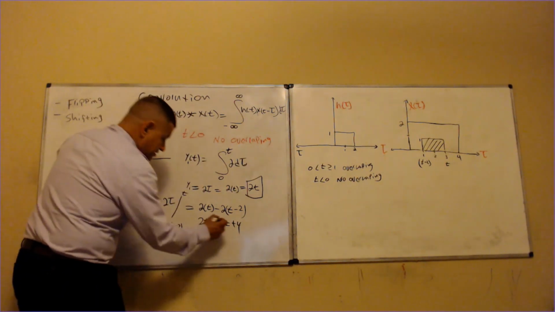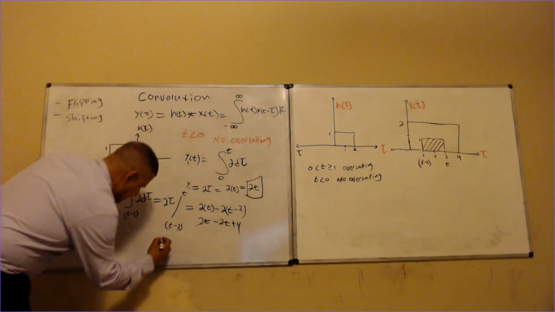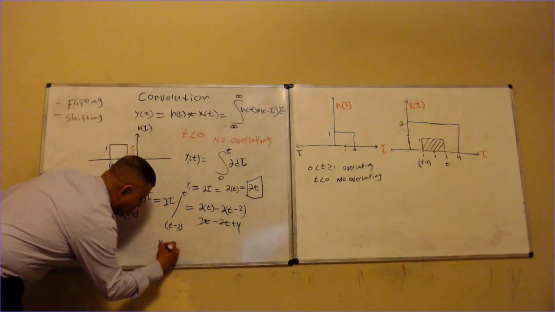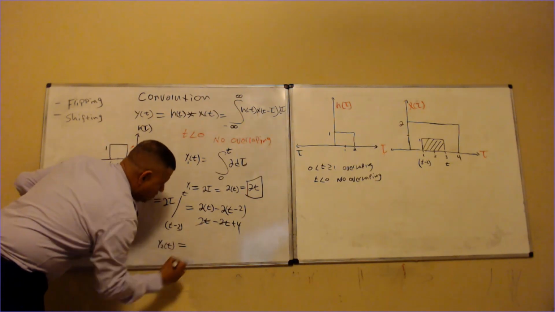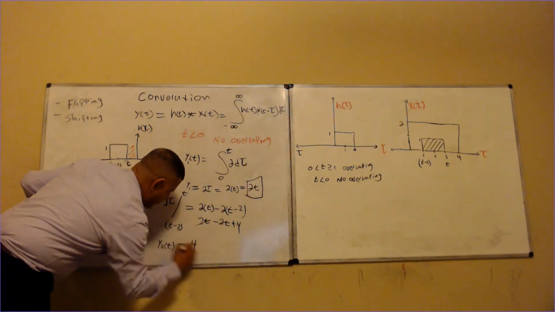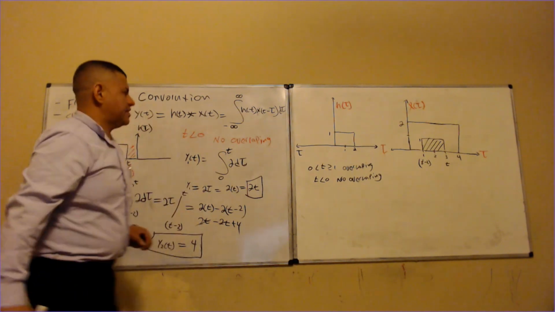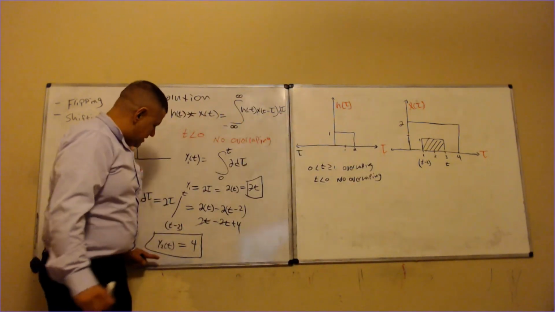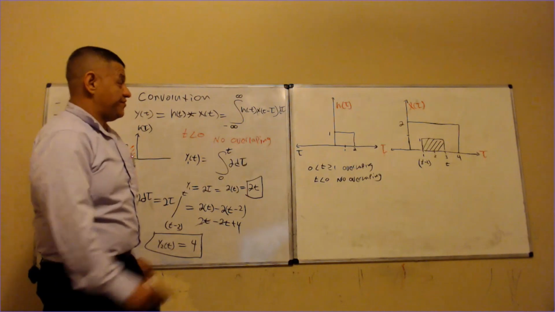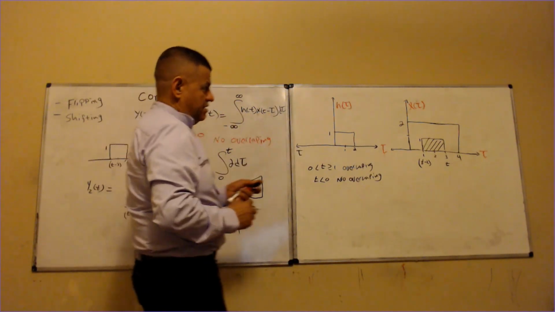So notice that the t cancels out with that t, and I get that y2 of t is equal to 4. Okay. Now, that is the second shift, the second move that I'm making in that graph.